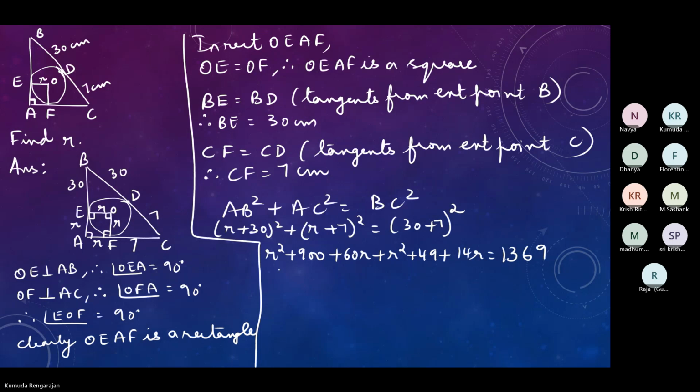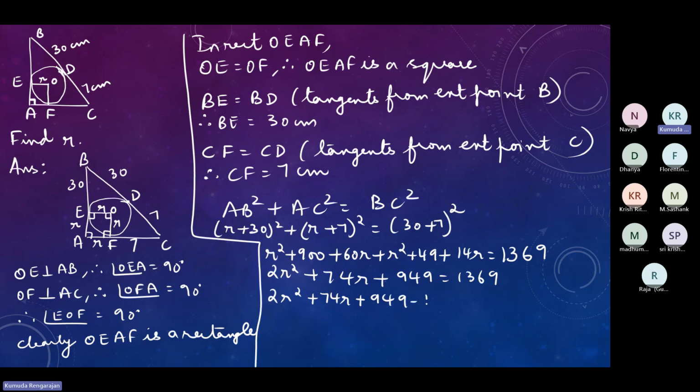Okay. So r square plus r square is 2r square, plus 60r and 14r is 74r, and 949 is equal to 1369. So 2r square plus 74r plus 949 minus 1369 is equal to 0.